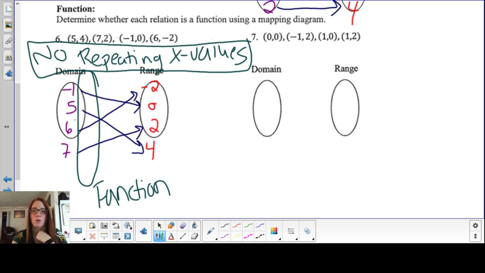Okay, let's try this next one. So I have 0, negative 1, 1, and 1. So I have negative 1, 0, and 1. I have 0, 2, 0, 2. Well, I just have 2 ranges in this one.